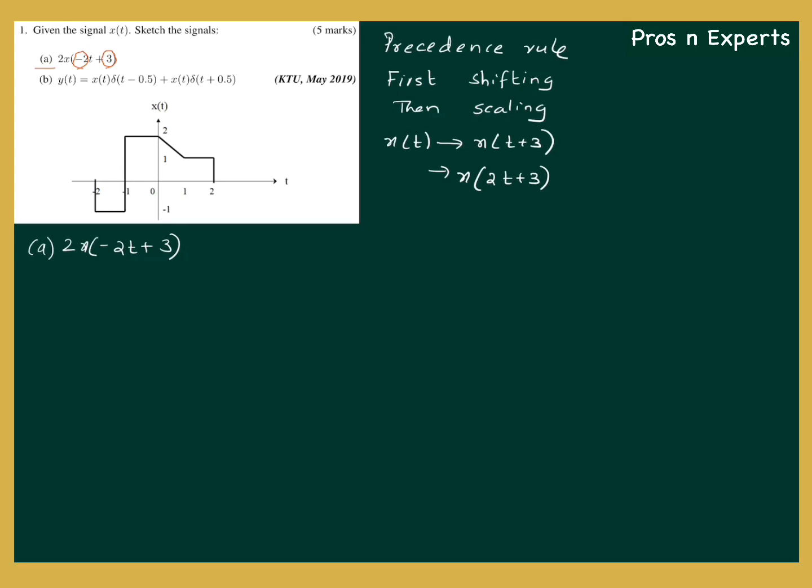If you are very experienced in doing the problems, you can directly find out x of minus 2t plus 3 from x of t plus 3. Otherwise you just find out x of 2t plus 3, then find out x of minus 2t plus 3 and finally multiply it by 2, which is an amplitude operation, and arrive at the answer. So let us start with solving this problem.